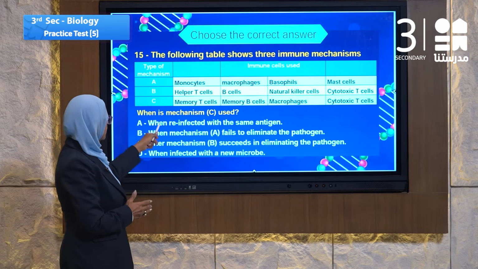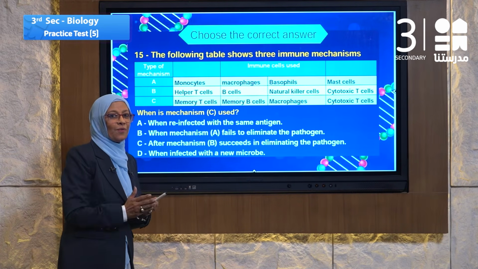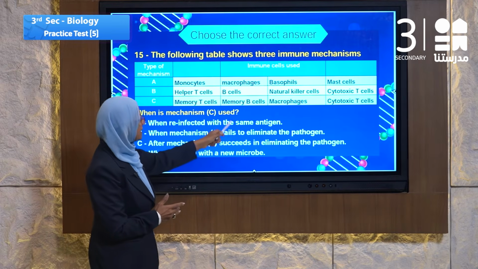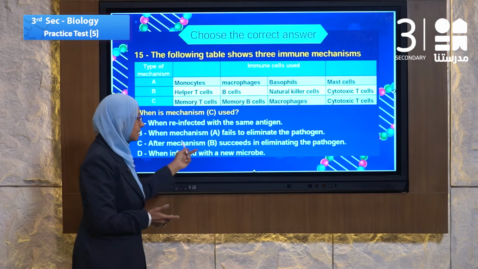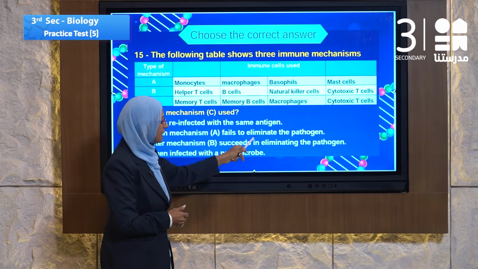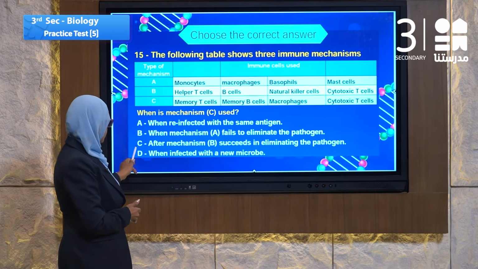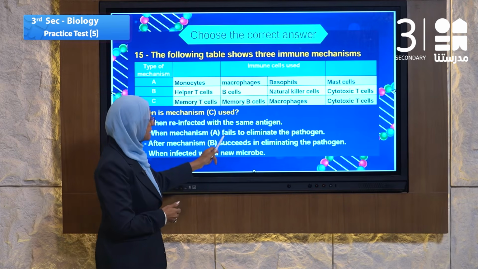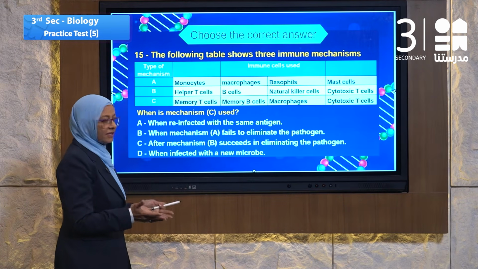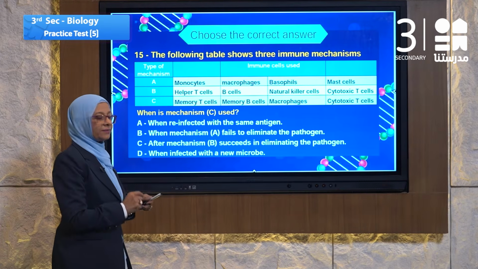When is mechanism C used? Let's read it again. A, when reinfection with the same antigen. B, when mechanism A fails to eliminate the pathogen. No, it's not failed. C, after mechanism B succeeded in eliminating the pathogen. Whether it succeeded or not, mechanism C will be done.